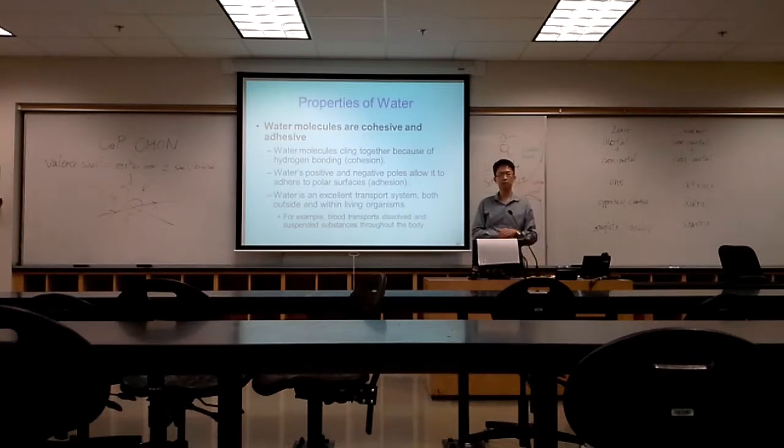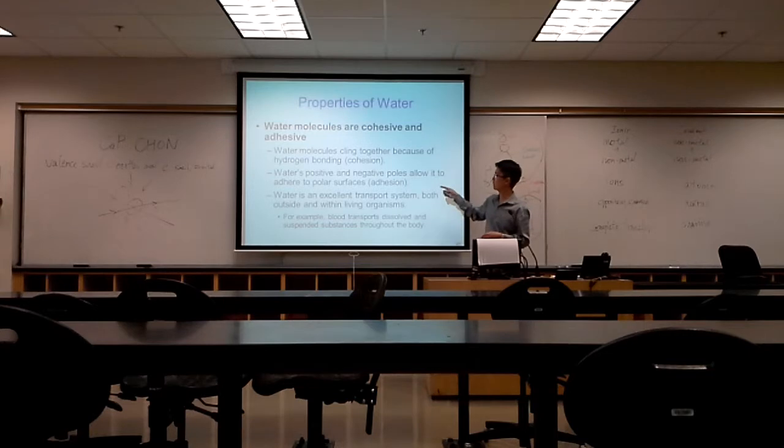Another example that you will learn in Bio 3B later this semester is that in plants, there's a vascular system called xylem. Xylem is like a tiny tube inside the stem of a plant. It transports water from the root all the way to the leaves. This tiny tube is a capillary, and it has capillary action.